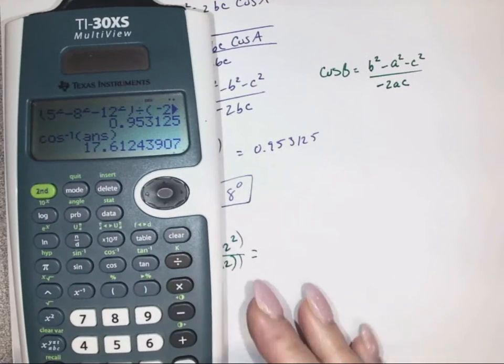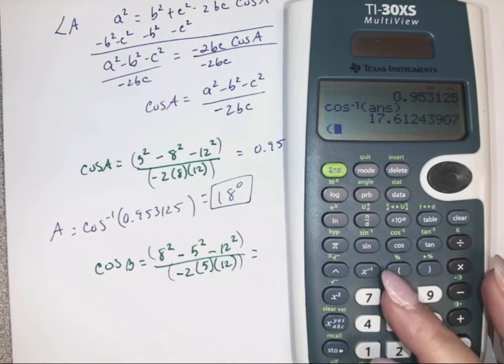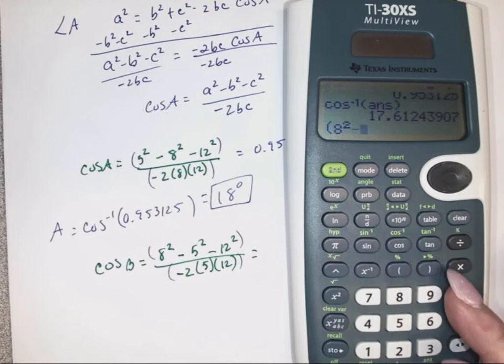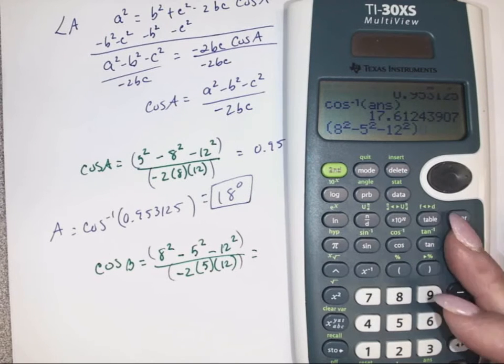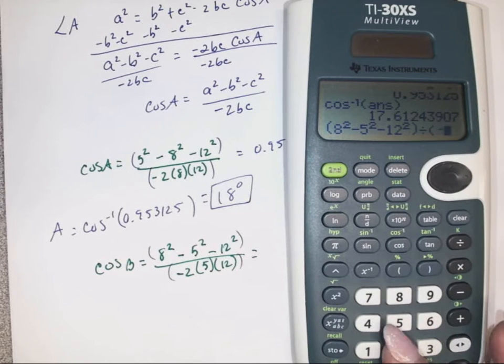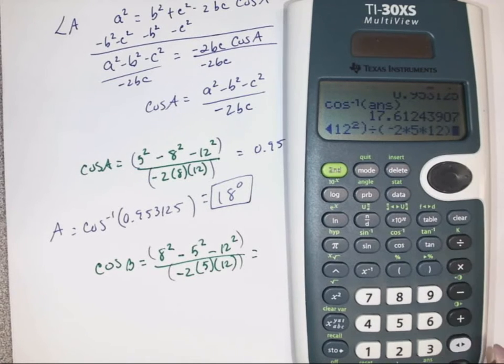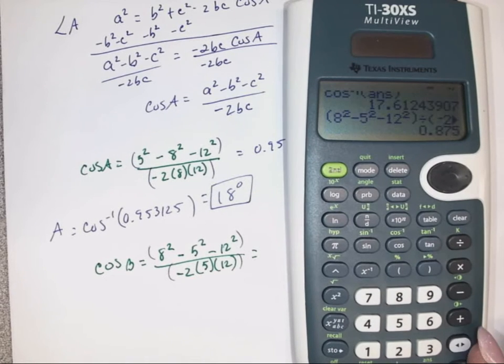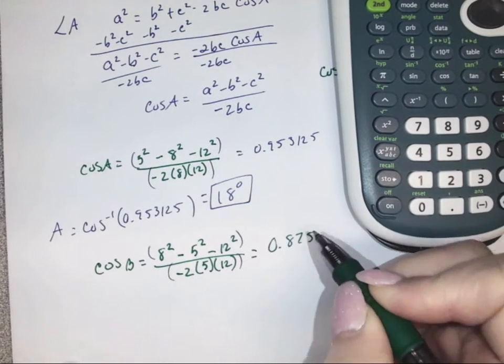All right, so we'll have 8 squared, so parentheses, 8 squared minus 5 squared minus 12 squared, parenthesis, divided by parenthesis, negative 2 times 5 times 12. Hit enter, and we get 0.875.